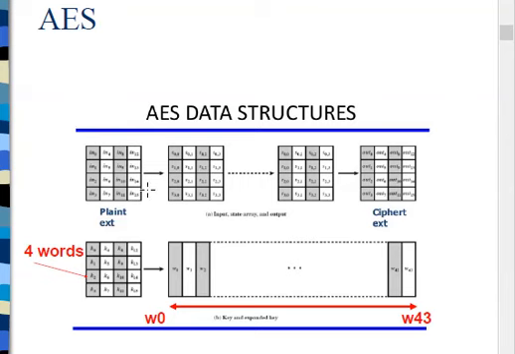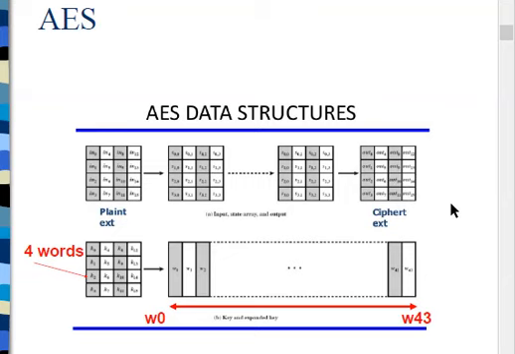This matrix involves 4 columns, which are called words. And finally our ciphertext is similar to our plaintext, which means it is also organized as a matrix consisting of 4 words.